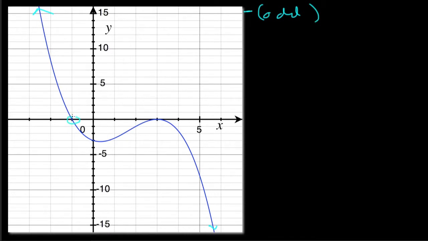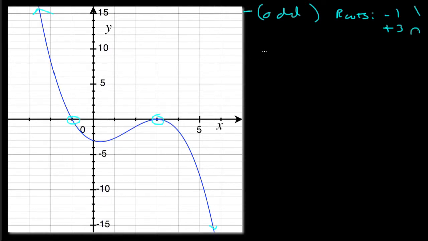My roots are negative 1 and positive 3. And my behavior near the roots looks like linear with the negative slope at the negative 1 and a bounce, or a negative parabola, at the positive 3.